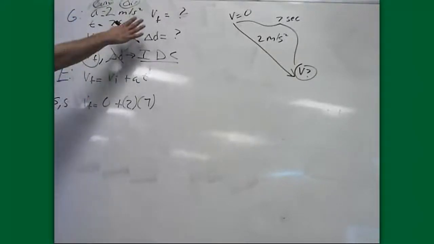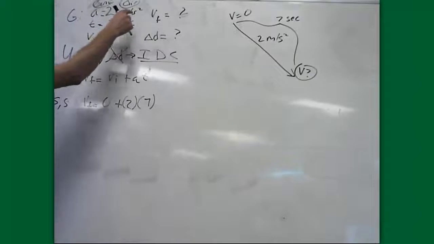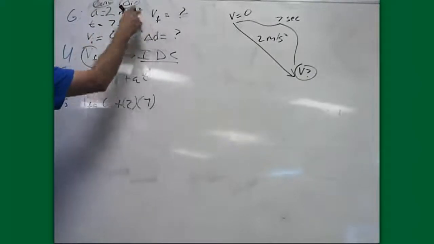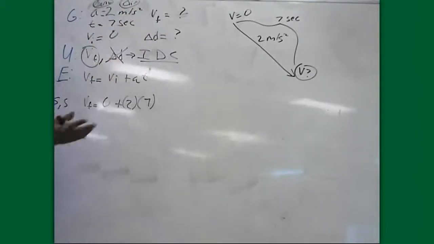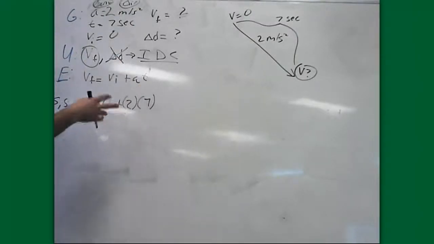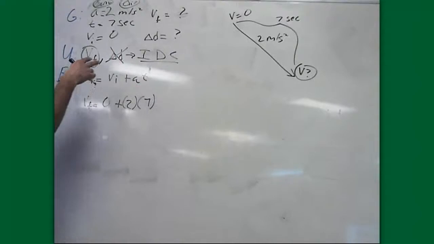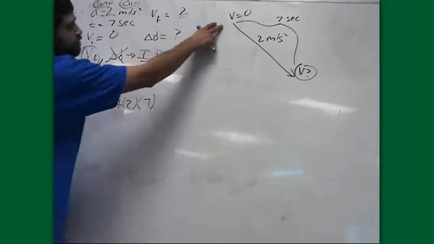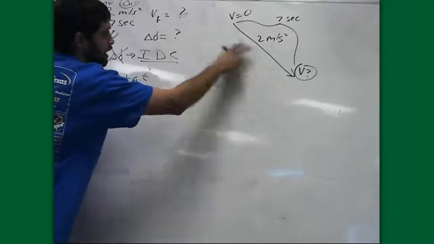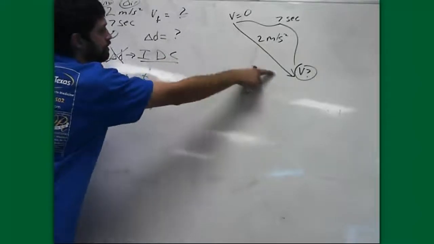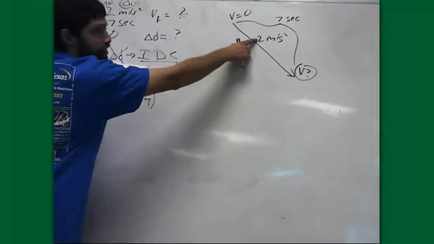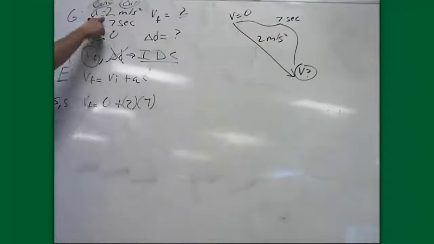Conversions, I want to look at all my units and say, are they okay? Well, the only numbers that I have, the units are okay, so I'm not going to do any conversions here. The second is direction. Well, let's think about direction. If he's moving down this slope, he's going to accelerate and he's going to speed up. And if we give him a positive velocity, he'll need a positive acceleration to speed up. So it's correct that we wrote this in positive.